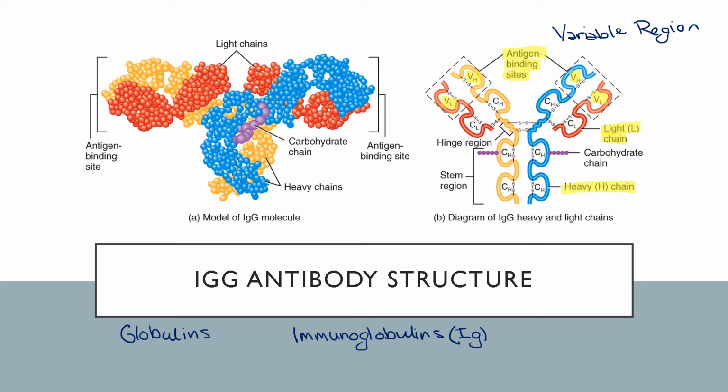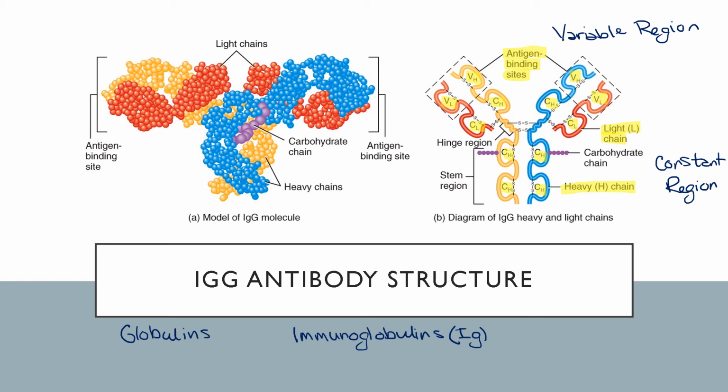Now the remainder of each heavy and light chain, the bottom part of the Y, is called the constant region. This constant region, abbreviated with C's here, you can see all these C's, is going to be nearly the same in all antibodies of the same class.